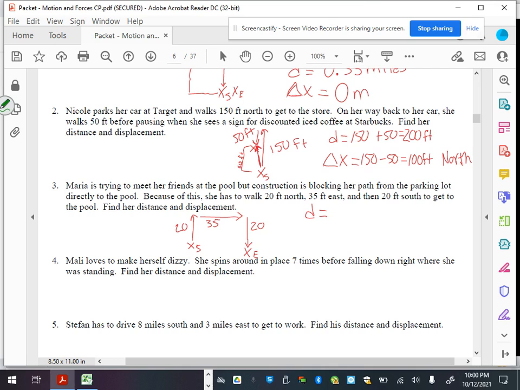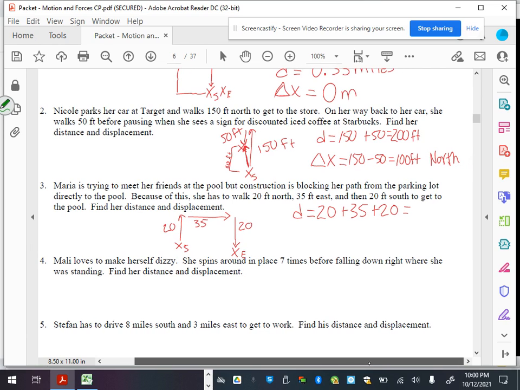What is my total distance traveled? She went 20 feet plus 35 plus 20. So 20 plus 35 is 55, plus 20 is 75. Make sure you use the right units, feet. 75 feet is her total distance traveled.